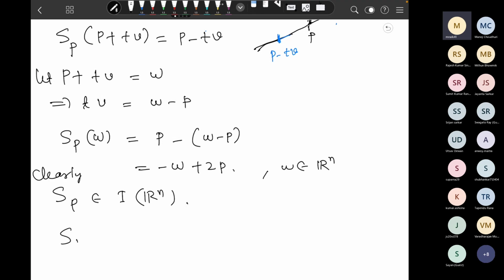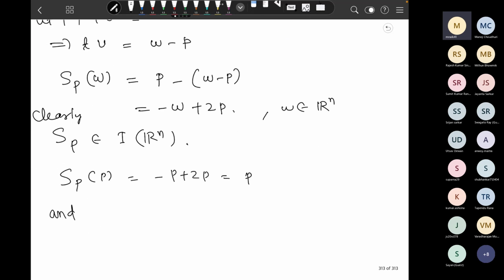So SP of P is really minus P plus 2P, which is P, and DSP at P is really minus identity.